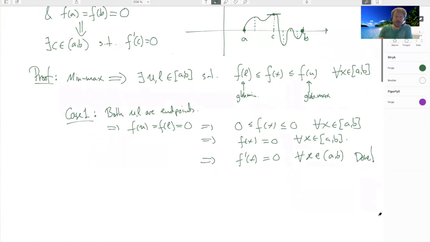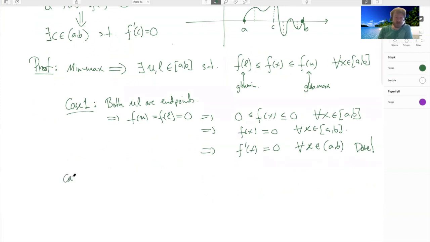What about case 2? So case 2 is what remains, and this is that at least one of u and l is not an endpoint. What does this mean? Well, we have two cases, either u or l, but it really doesn't matter. So say u is not an endpoint, so u is in the open interval (a,b), but f was differentiable on (a,b).